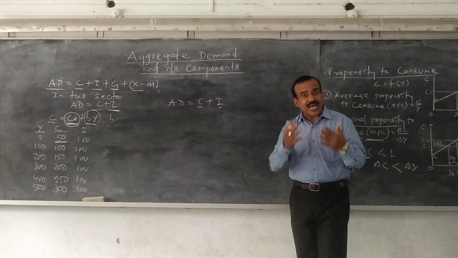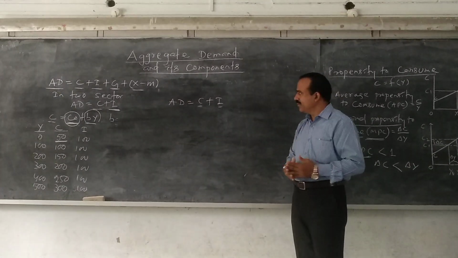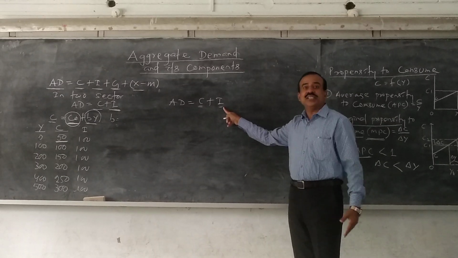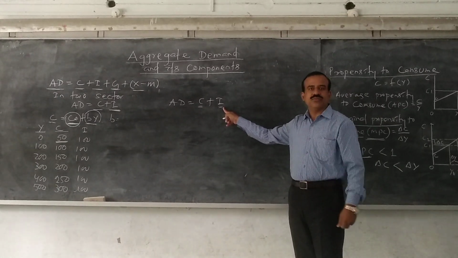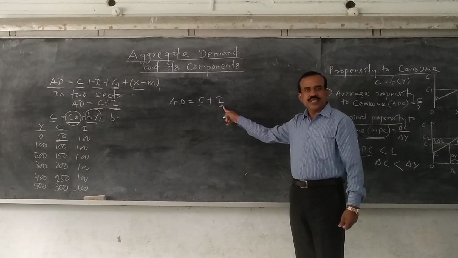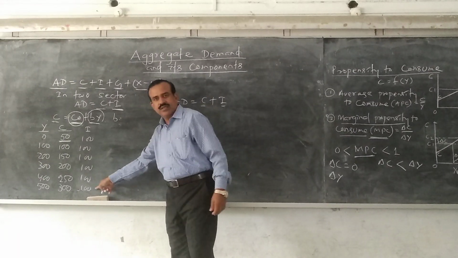It is income elastic, depending on income. But in Keynesian theory, I is autonomous investment. It is independent of income and independent of profit. That's why it remains constant.